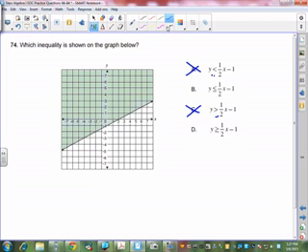Also, I noticed that they shaded up. We know that when we have it in this form with y on this side, if it's less than or equal to, you would shade down. So it can't be this one. If it's greater than or equal to, you shade up. And of course, that means a solid line, so D was the answer.